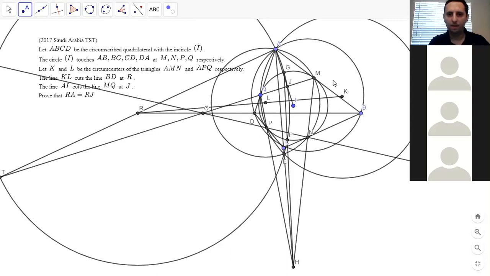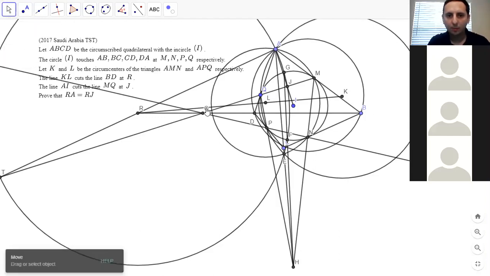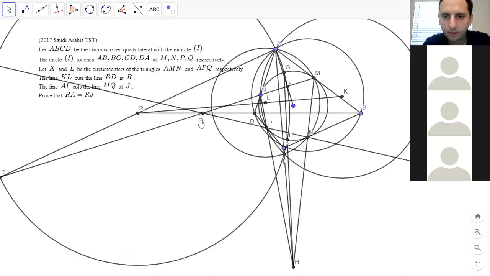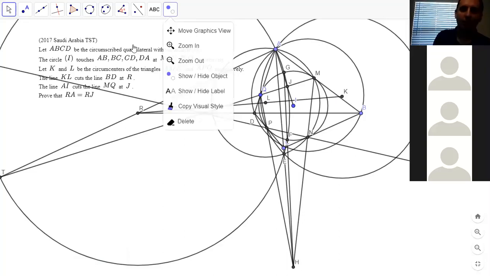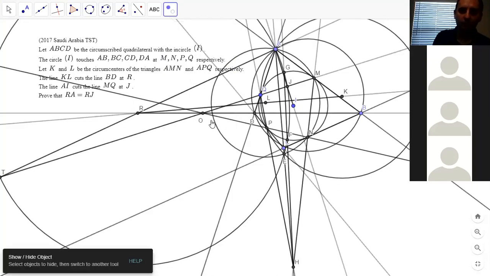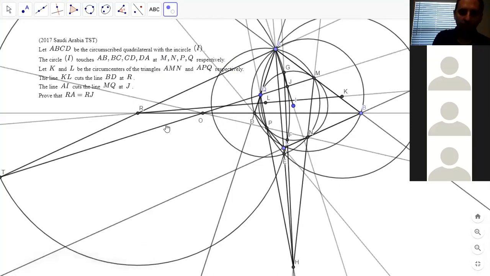It's quite obvious. You can use Menelaus's theorem or something like Pascal's theorem. If you define O as the intersection of QM and PN, it's quite obvious that O lies on BD by Menelaus's theorem. Okay. All right, so I'm just going to leave point O. I don't even know if O is helpful, but I'm going to leave it there just in case.